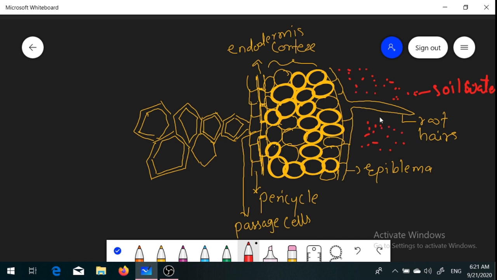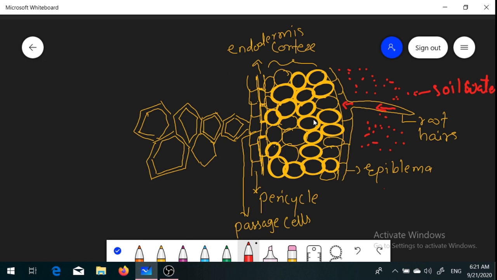Okay. So this water enters or is absorbed inside the root hair. Okay. So these root hairs have a higher osmotic potential than that of the soil solution, according to this theory.